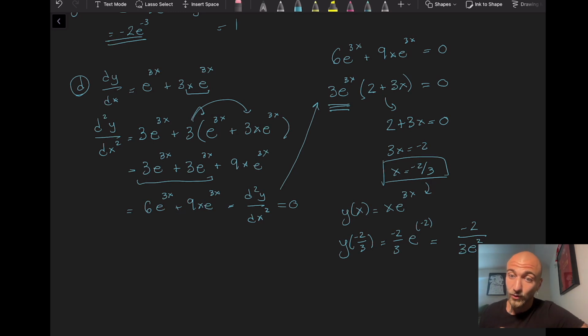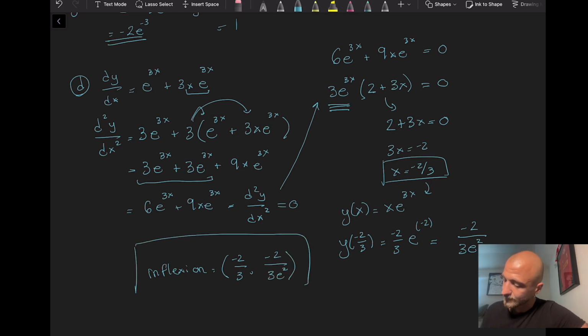So the final coordinates for the inflection point are (-2/3, -2/(3e^2)). Boom. A lot of calculus, we're almost there.